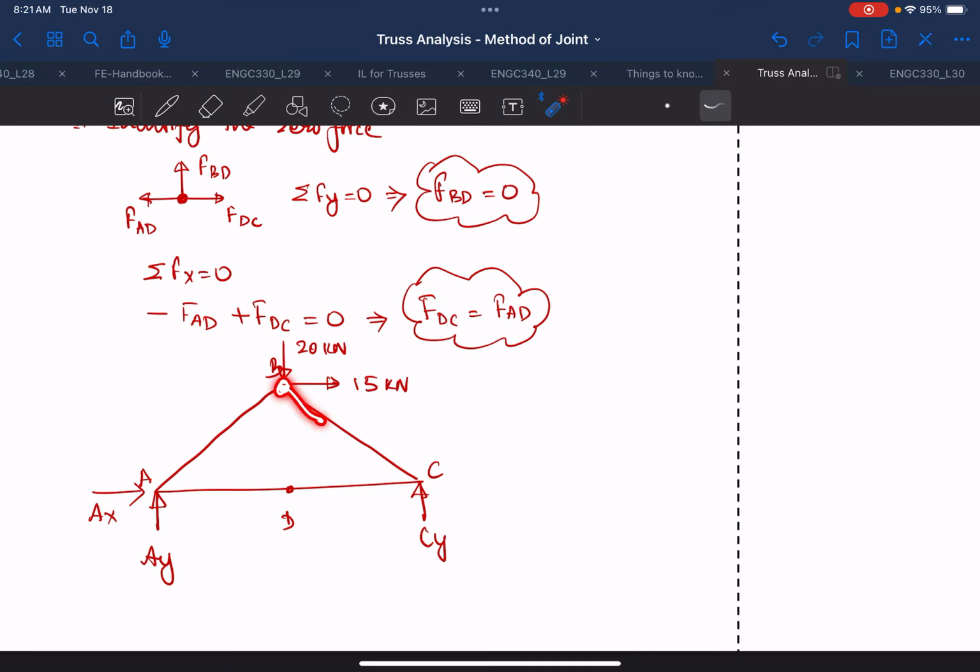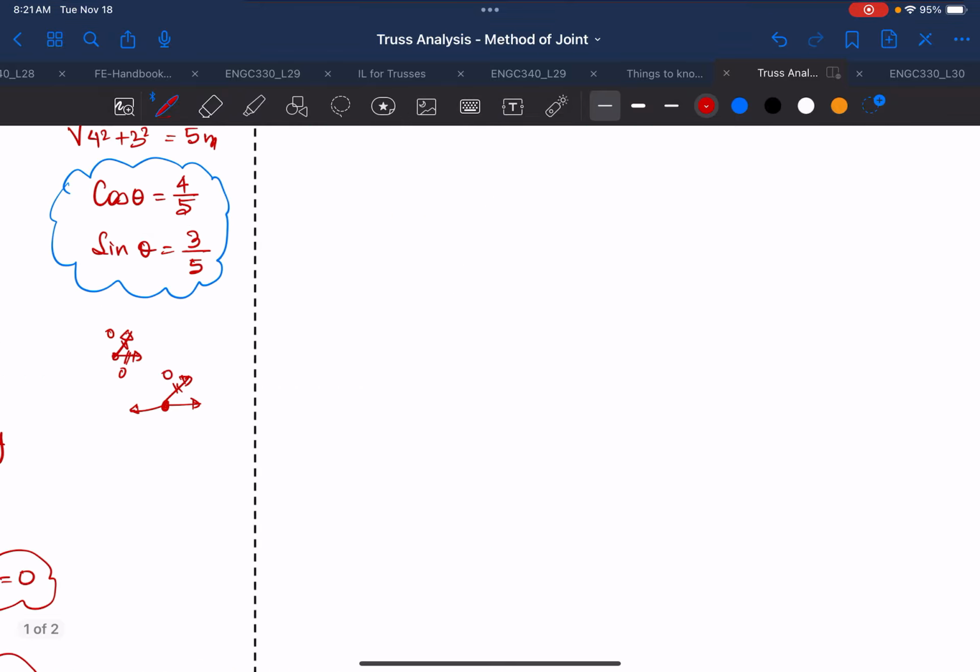And in this case this is unknown, this is unknown, however these two are known, so we can use joint B. But sometimes it's good to find all the support reactions to solve your trusses. So let's find the support reactions Ax, Ay, Cy.